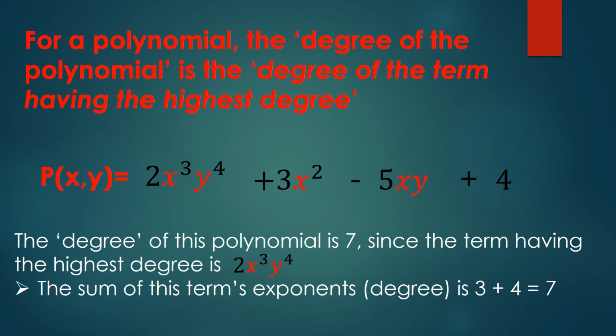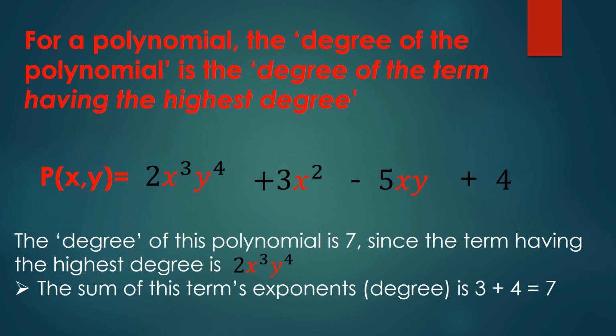For a polynomial, when you're looking at the entire polynomial made up of 2 or more terms, the degree of the polynomial is the degree of the term having the highest degree. And this is what I mean. For the polynomial having variables x and y, the degree of this term is, you add up the exponents, 3 plus 4 is 7.